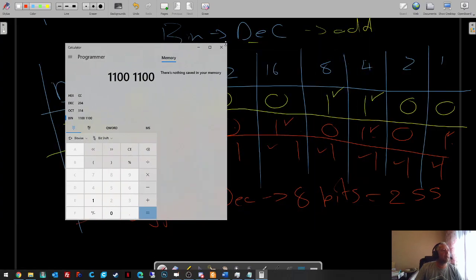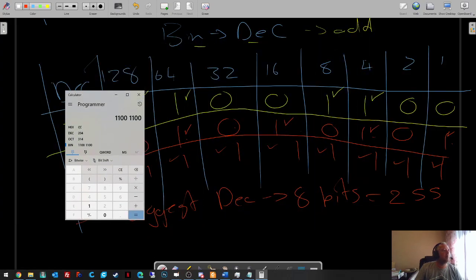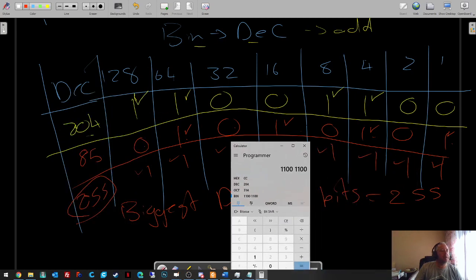Let's make this calculator a little bit smaller. That might help. So if I type in this red one, 01010101, and I say what's the equivalent in decimal, you can see automatically it is 85, like we originally worked out.